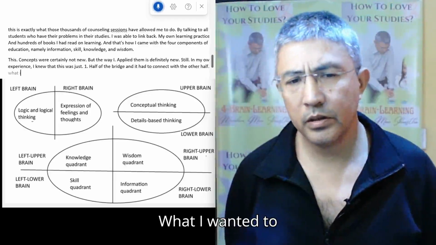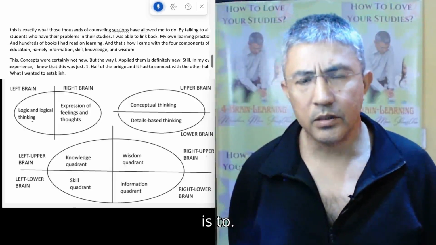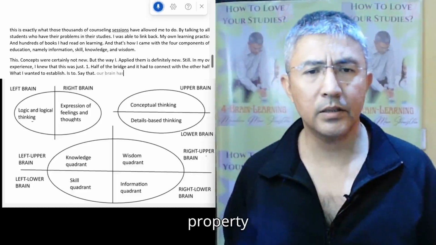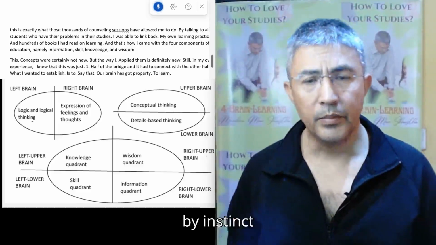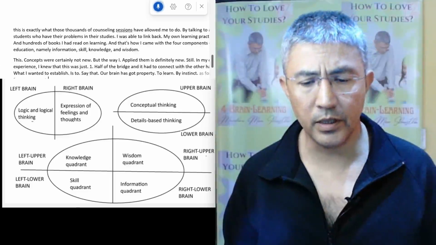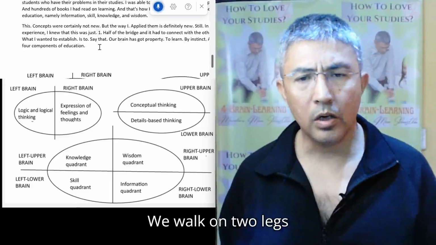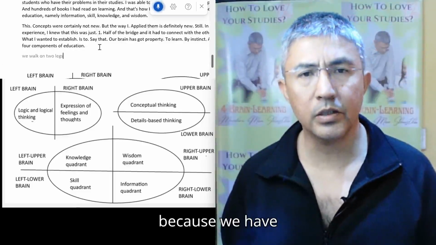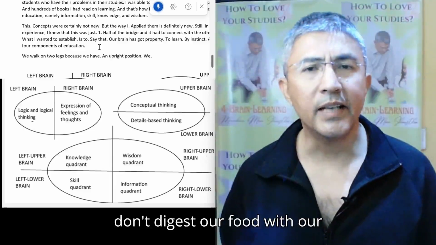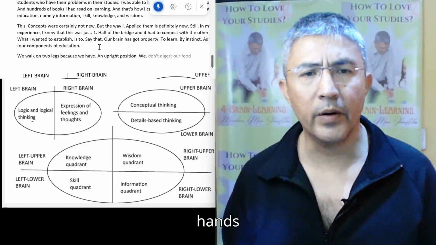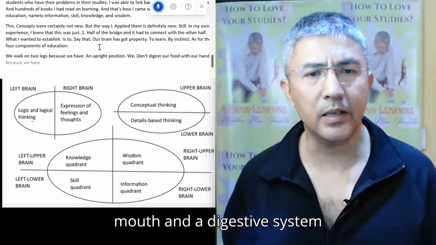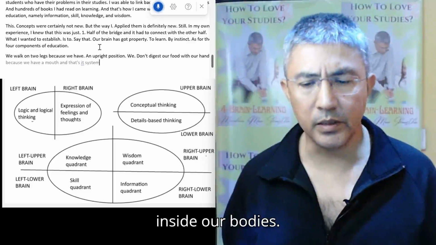What I wanted to establish is that our brain has a property to learn by instinct as per the four components of education. We walk on two legs because we have an upright position. We don't digest our food with our hands because we have a mouth and a digestive system inside our bodies.